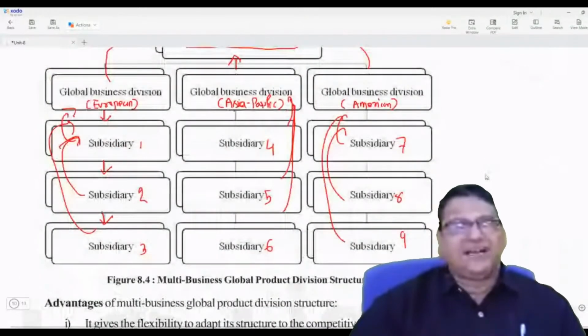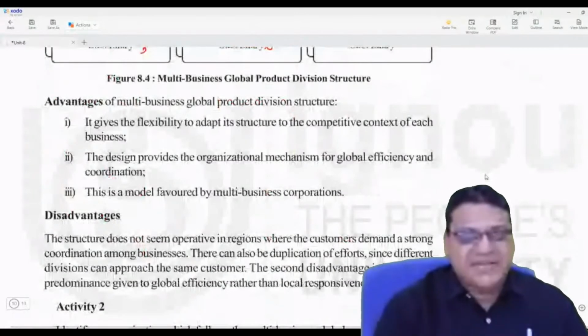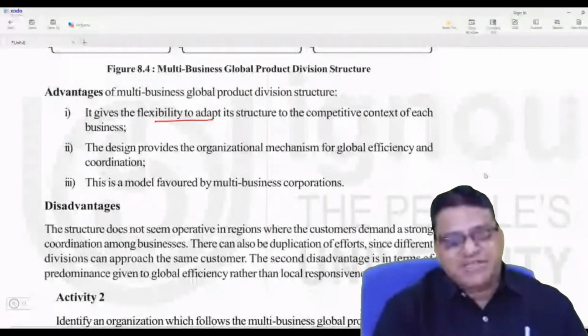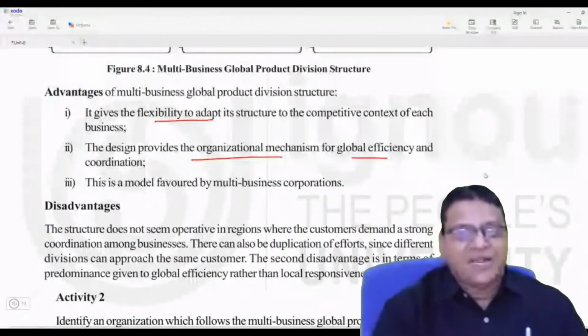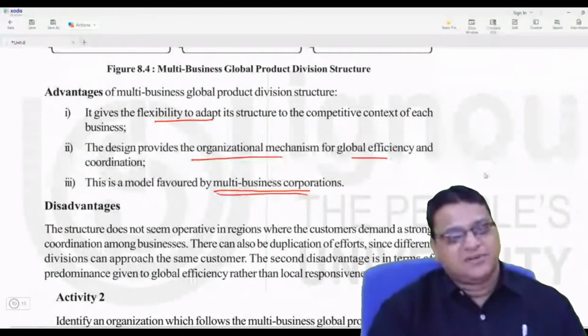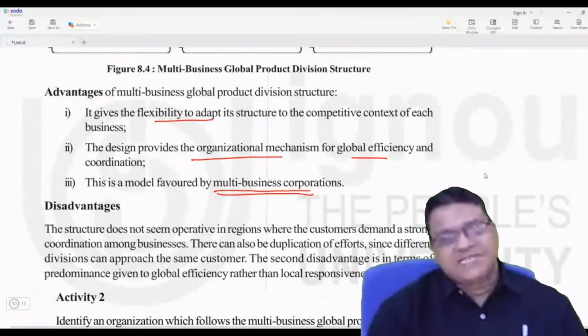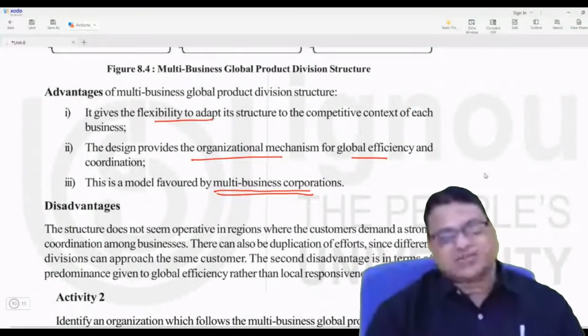So what are the advantages of this particular structure? It gives the flexibility to adopt this structure. It provides an organizational mechanism for global efficiency. The model is favored by multi-business corporations. If the organization is involved in many businesses, you can adopt multi-business global product divisional structure.